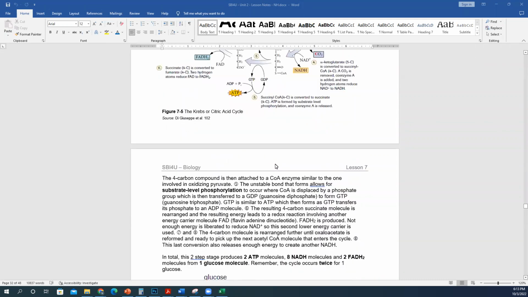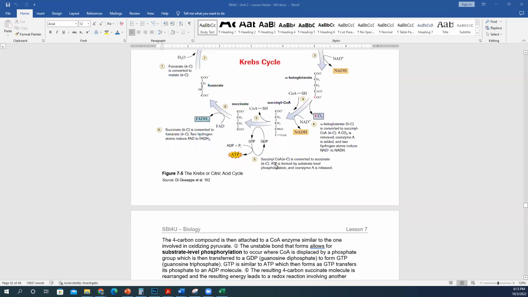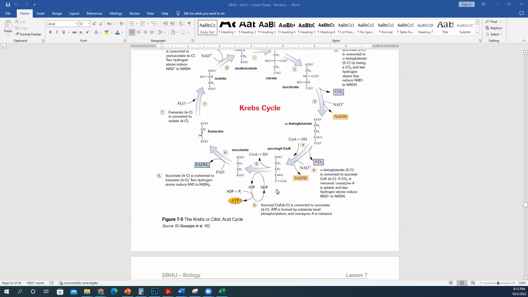So if we keep going, then this succinyl-CoA becomes converted into the molecule succinate. And during this step, a molecule of ATP is formed by substrate-level phosphorylation, and coenzyme A becomes released.